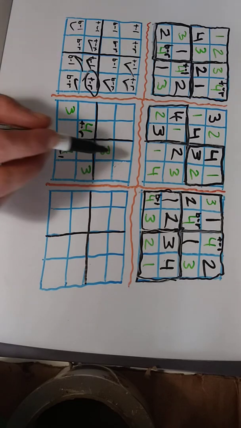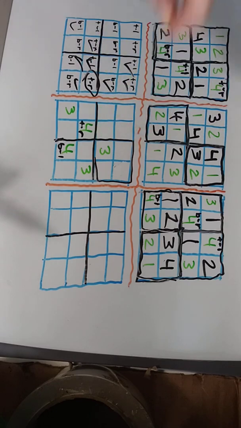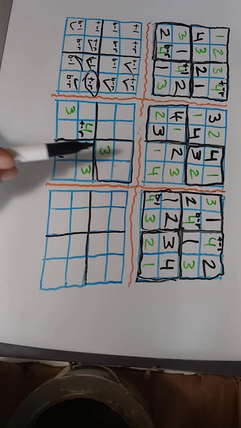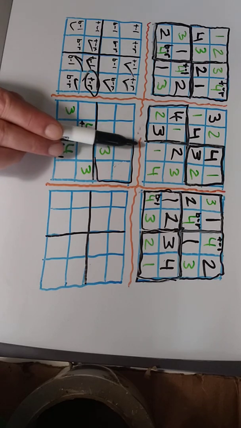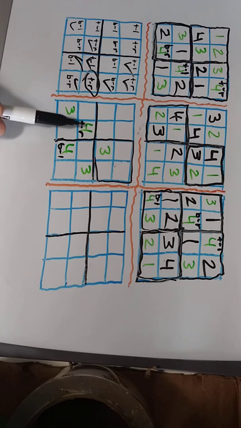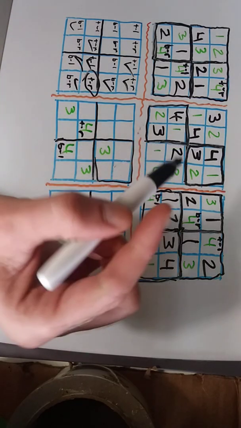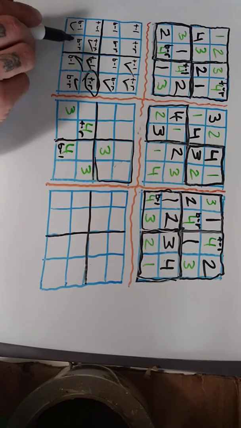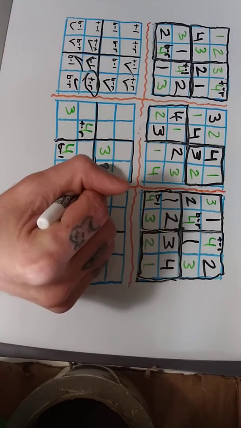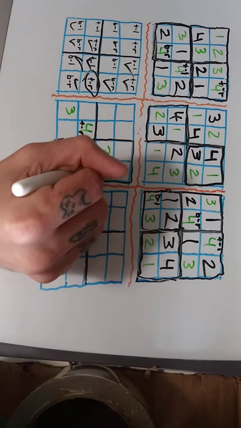So this square here would have to be, let's see, the 4 can't go in this column, it can't go in the top right because we have the top right there. So it's going to have to go in the bottom right. 4.